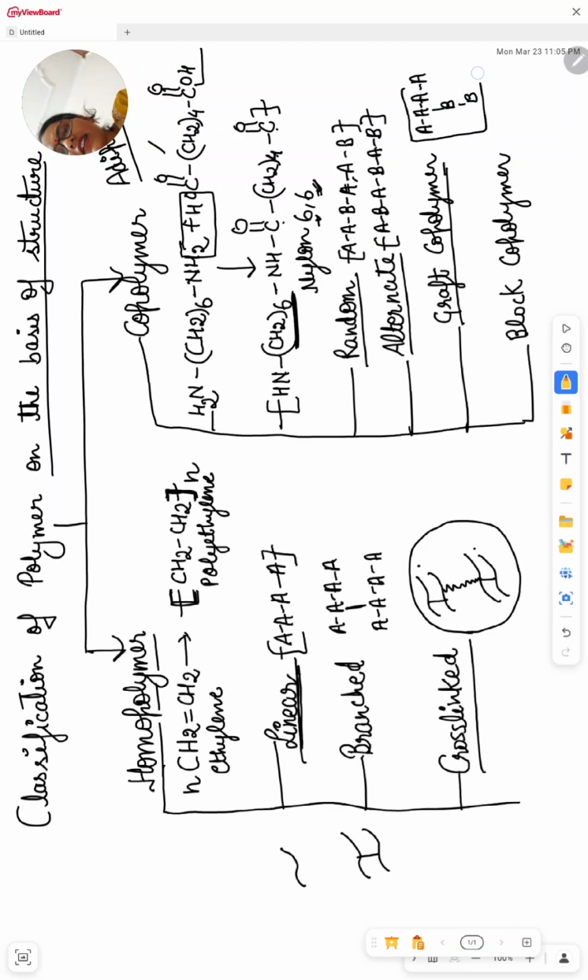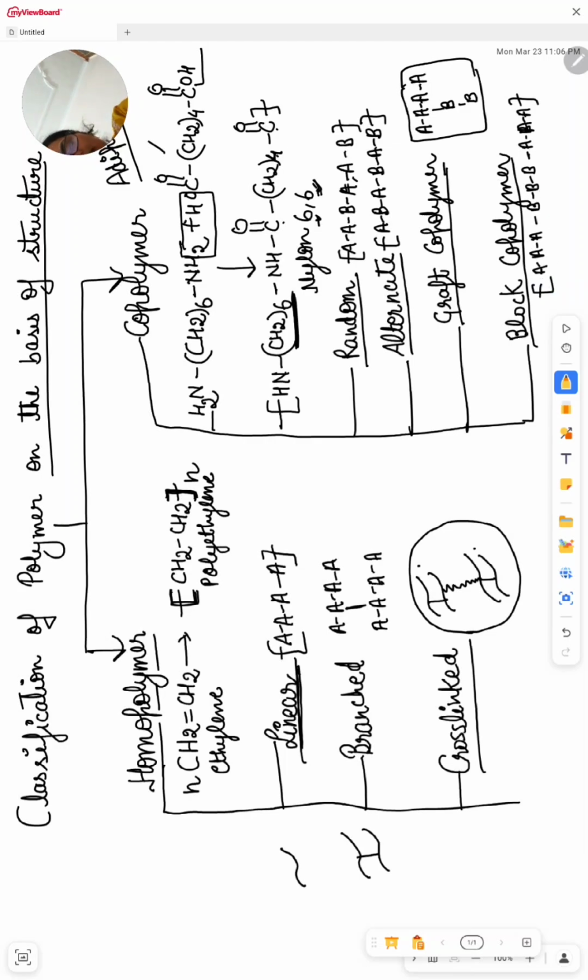Always remember what the graft copolymer is: in the branched copolymer, one monomer is in the main chain and the other monomer in the side chain. The last is the block copolymer. It means one monomer, then another monomer, and again the first monomer block in the chain, A and A. This is the block copolymer.